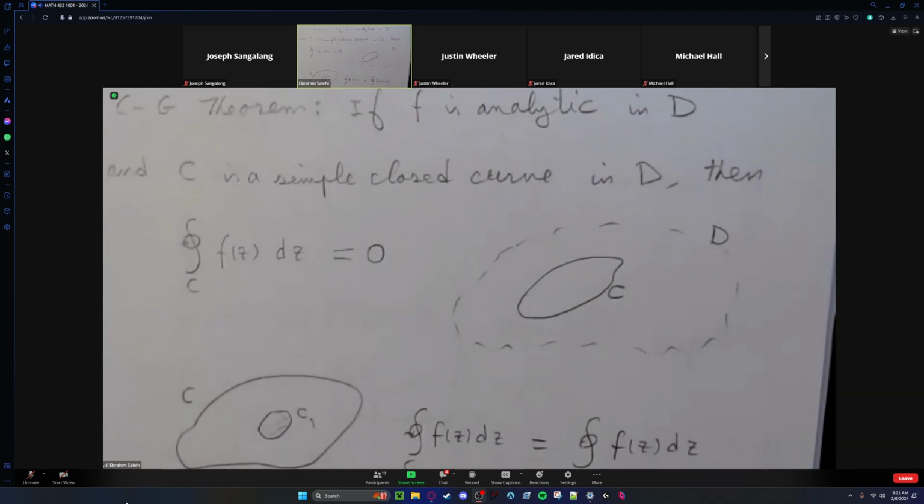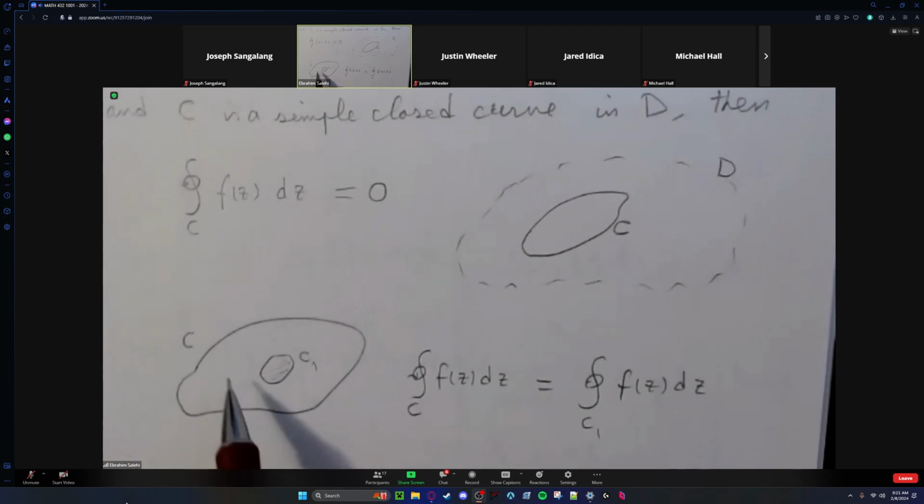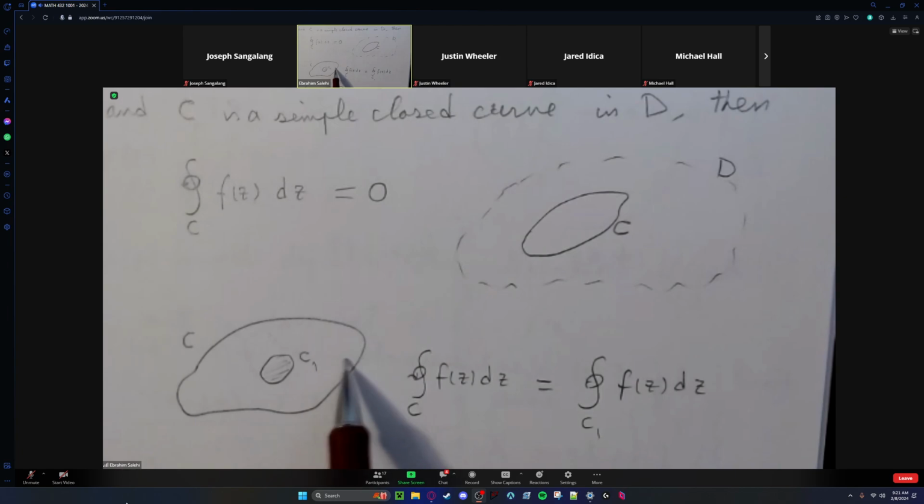If the function is analytic, but there is a hole in here, analytic in this washer, then the integral over the outer boundary is the same as the integral over the inner boundary. How about if we have more holes?